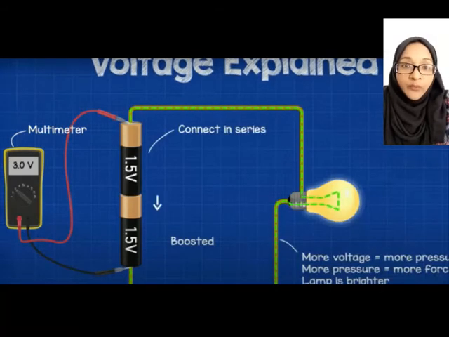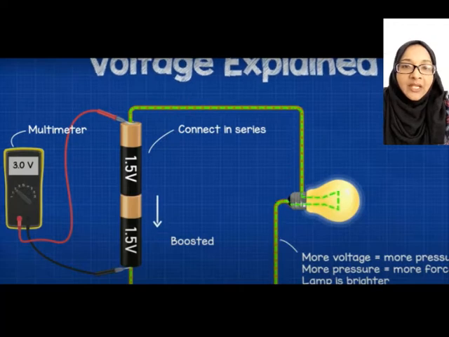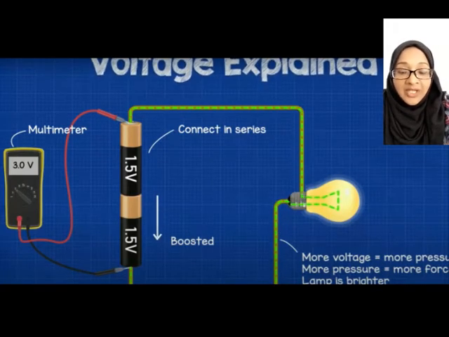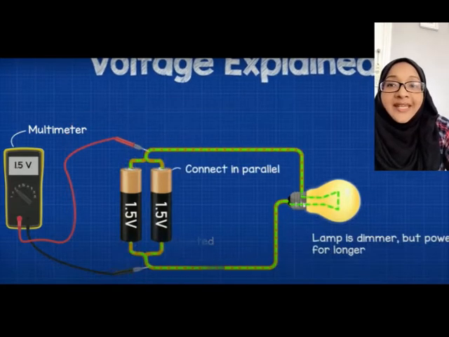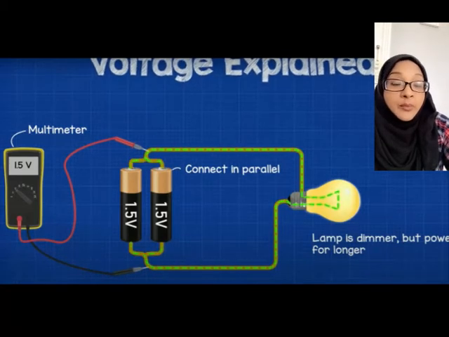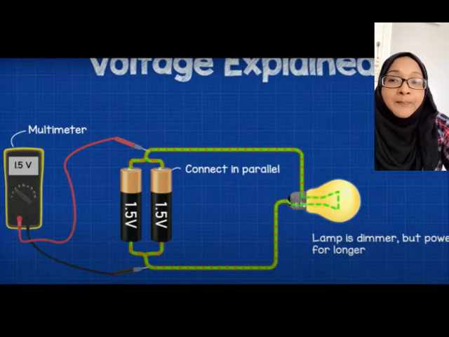Okay, so when you add more cells to a series circuit, it means that there will be more voltage, which will equal a brighter lamp. If the batteries are connected in a parallel circuit, then the path of the electrons will split. Some will go to the first battery and some will go to the second battery.